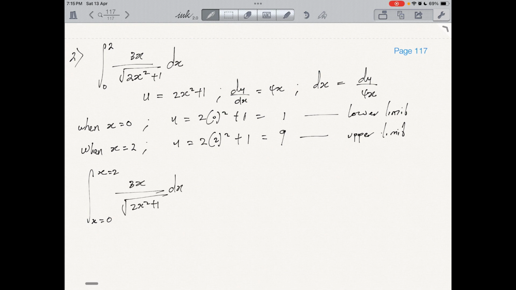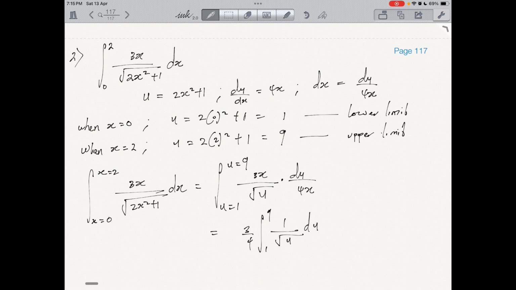It becomes, we are changing our upper limit and lower limit, and this one becomes u equal to 1, and our upper limit becomes u equal to 9 of 3x divided by square root of u, because we have made the substitution u equal to 2x squared plus 1, and our dx is now du divided by 4x. So when x cancels out, we'll be left with 3/4 integral from 1 to 9 of 1 over square root of u with respect to u.